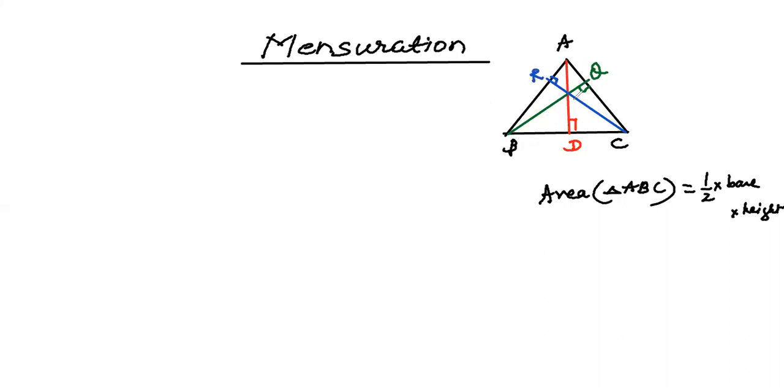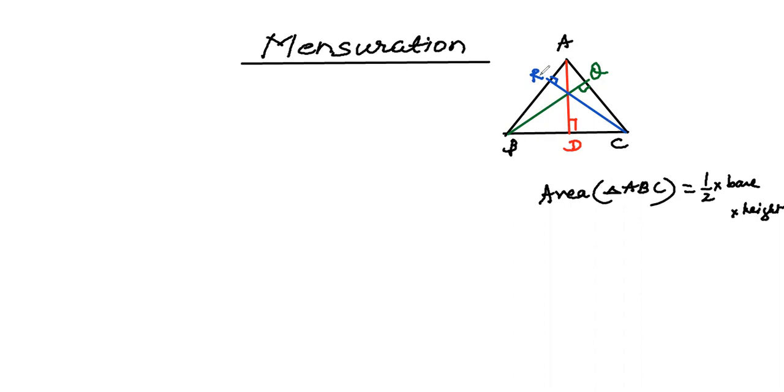If AD is the perpendicular drawn on BC, then I'll take BC as the base, AD as the height. If I consider the perpendicular segment BQ on AC, then AC is the base, BQ is the height. If I consider perpendicular segment CR on AB, AB is the base, CR is the height.